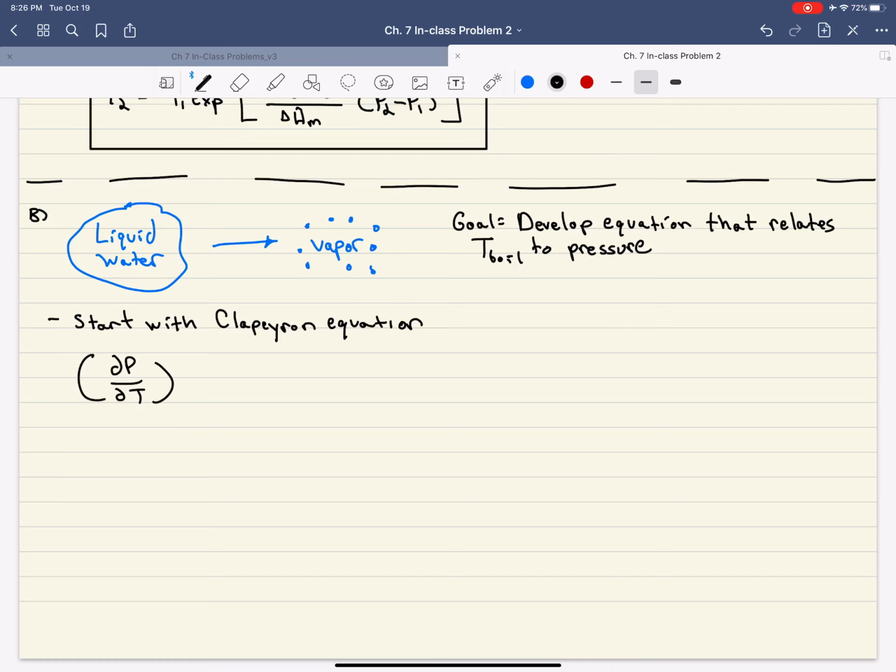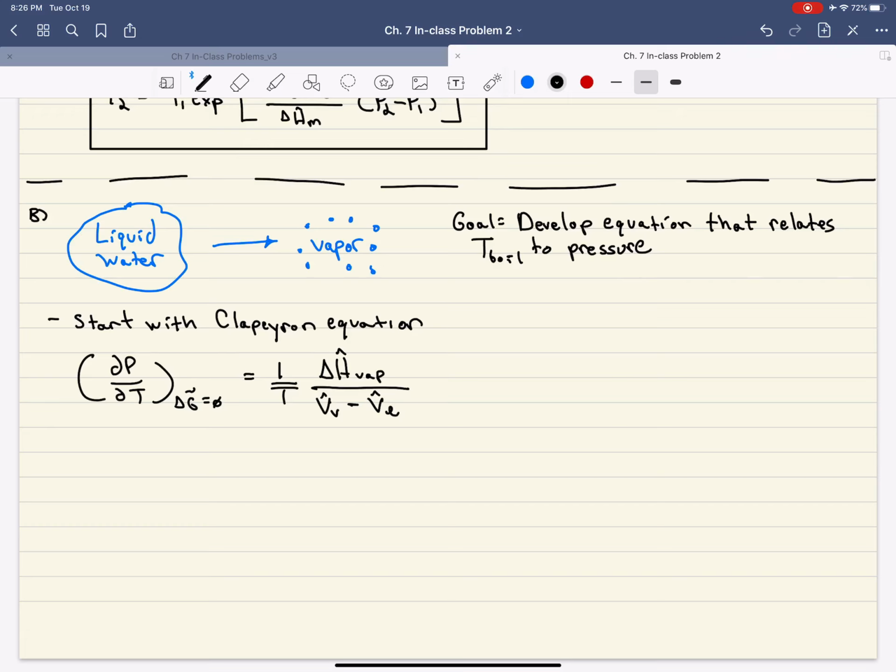The Clapeyron equation is this again. For our delta H, we're going to be looking at the enthalpy of vaporization. And for our delta V, this time we're looking at the difference between the molar volume of the vapor minus the molar volume of the liquid.